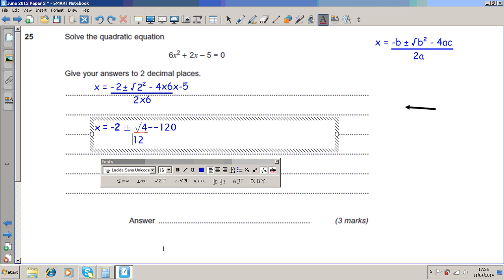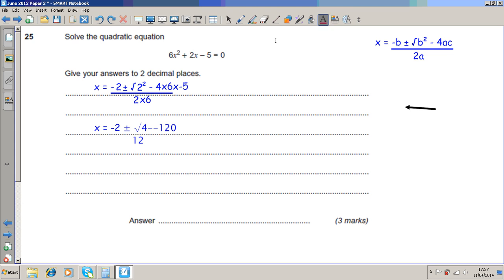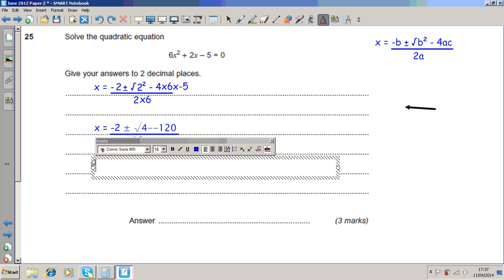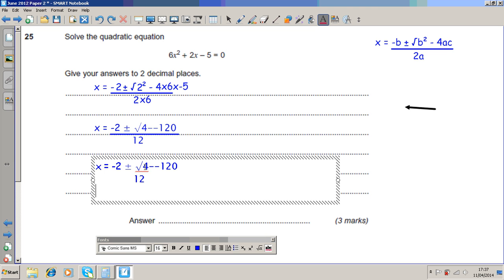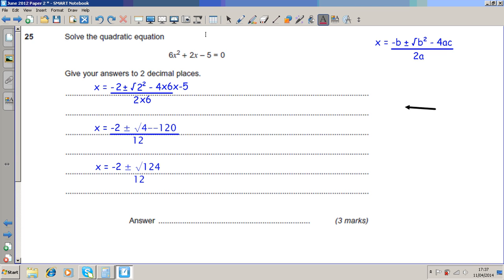And 2 times 6 is 12. So I get to that. And then the next step is to work that out. Well, 4 minus 120 is 4 plus 120, which is 124. So I get to that there.